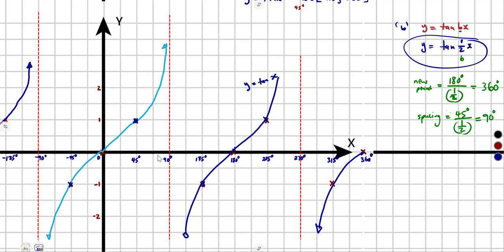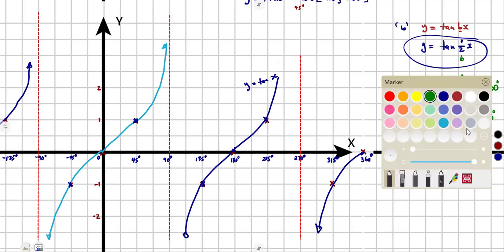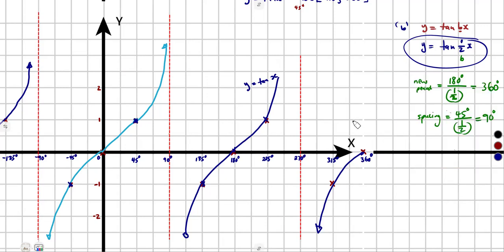So guys, if we have a spacing of 90 degrees, 90, 180, 360, it means we are not going to have these asymptotes where they are. Our spacing is now 90 degrees. I want us to see what we are having there.